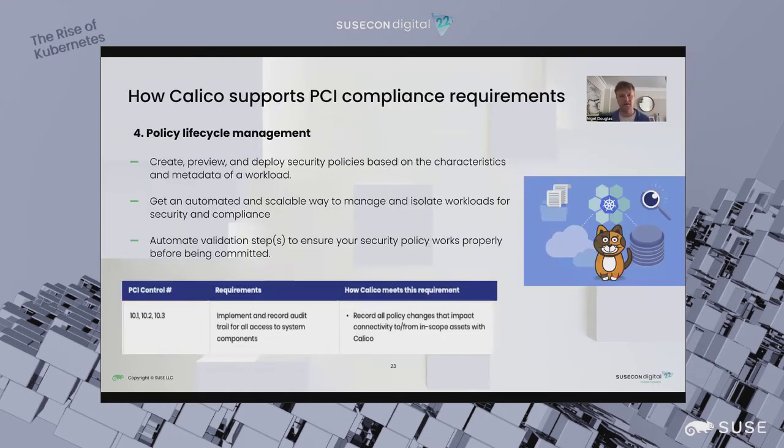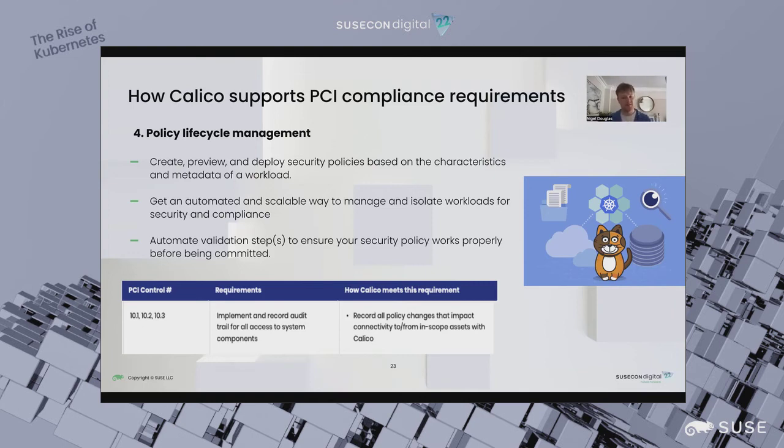Also worth noting is how Calico supports PCI compliance requirements in general. So, around policy lifecycle, it's one thing building those policies to secure your workloads, but if, for instance, someone did try to compromise, they got elevated access in your cluster to change policy, or if policy just isn't really working right now, but it did historically, you need to implement some kind of audit trail to be able to show an auditor that, okay, I can see that this service account user made this change to policy in the last 4 weeks, in the last 24 hours, whatever it be.